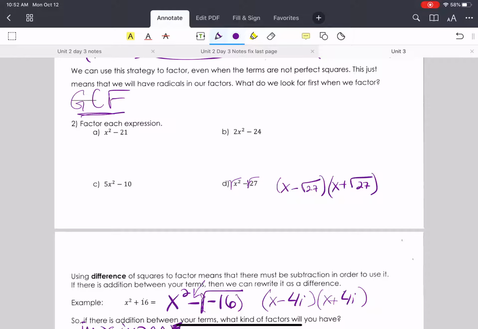What do we need to do when a square root is not a nice number? Think last unit. Not squares, that's last class, last unit. What do we do when a square root's not a nice number?